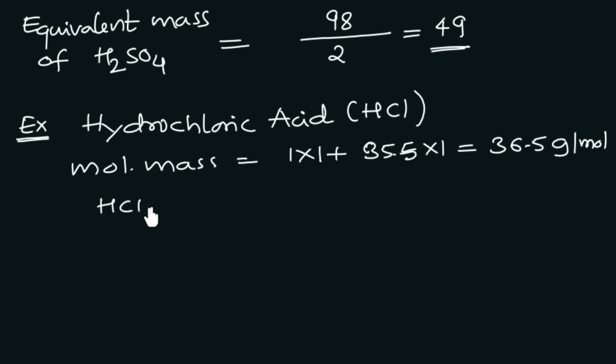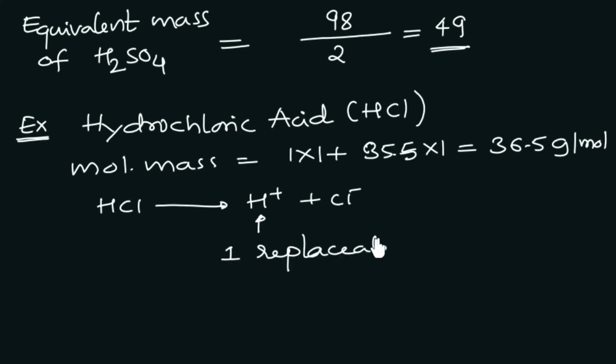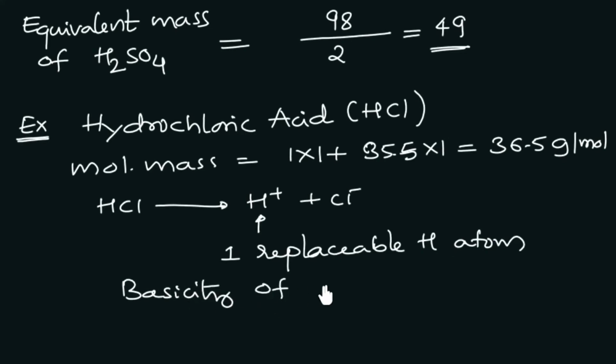When HCl is dissolved in water, or reacts with anything, it will produce 1 H plus ion and Cl minus. Only 1 H plus ion is given by HCl. Therefore, only one replaceable H atom is present, and the basicity of hydrochloric acid is equal to 1.